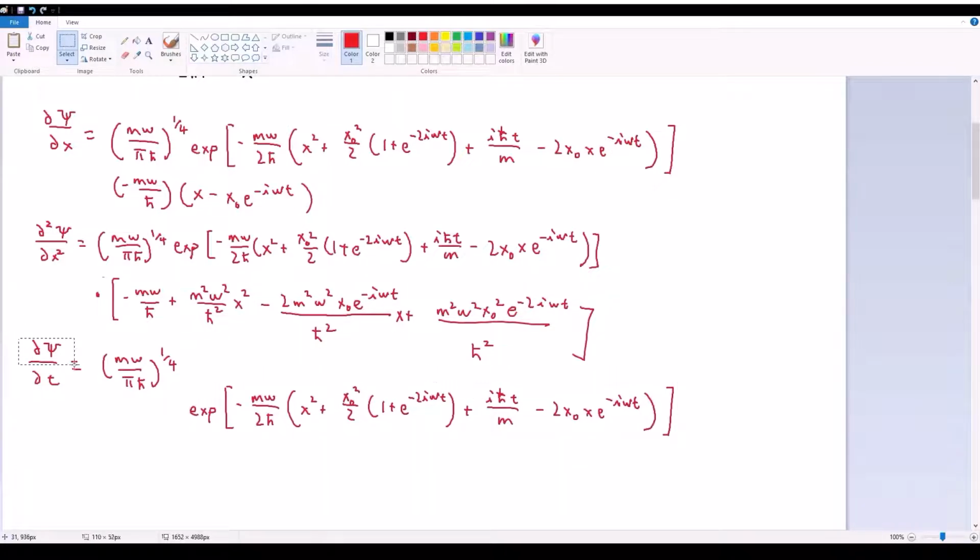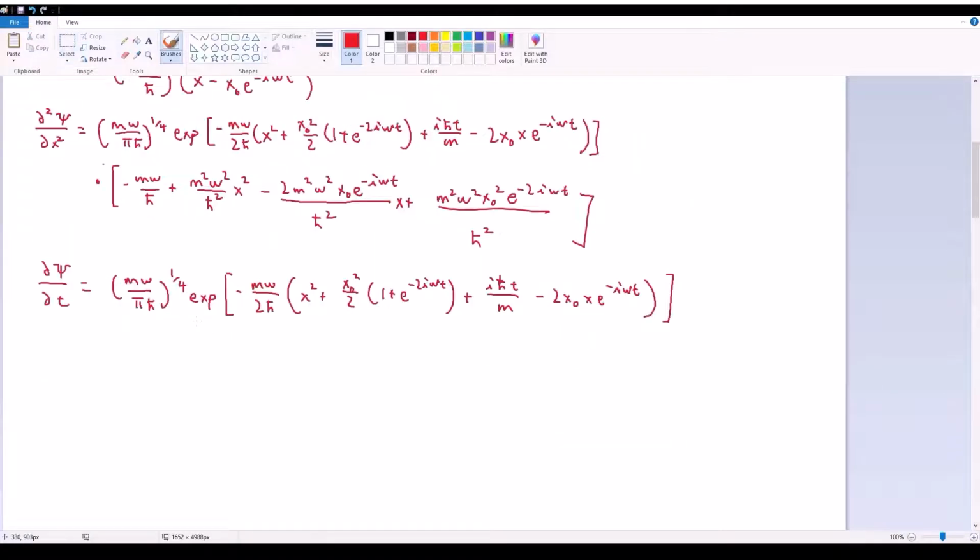Let's move everything down so I'm not messing up the h bar on the second derivative with respect to x. And then we're multiplying by the derivative with respect to time of, once again as before, get rid of all of the terms that don't have t's.